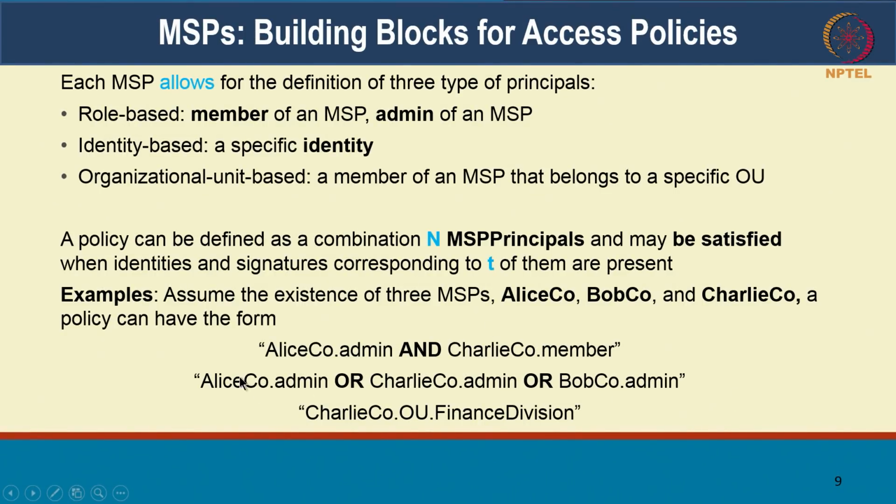The second one is aliceco.admin or charlieco.admin or bobco.admin. So if any one of these admins signs, then it's okay. The last one shows an example of an organizational unit. So the finance division of Charlie company, if someone from there signs this transaction, then it's accepted.